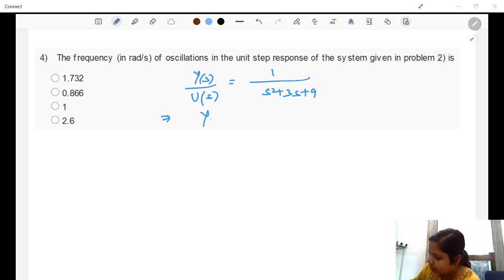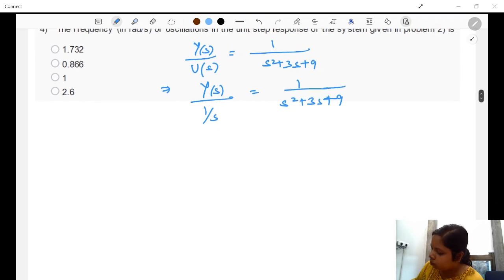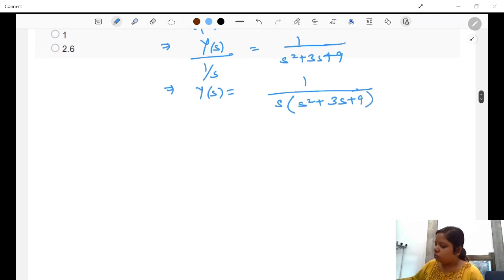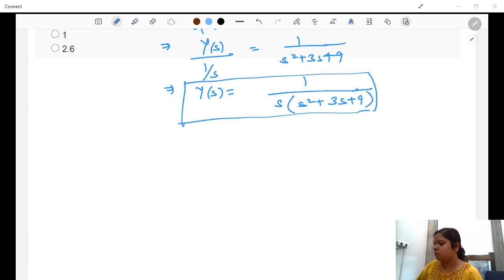Unit step means U(s) is 1 by s. So Y(s) is going to be 1 upon s into s square plus 3s plus 9. This would be the case when you have given the unit step to the system.